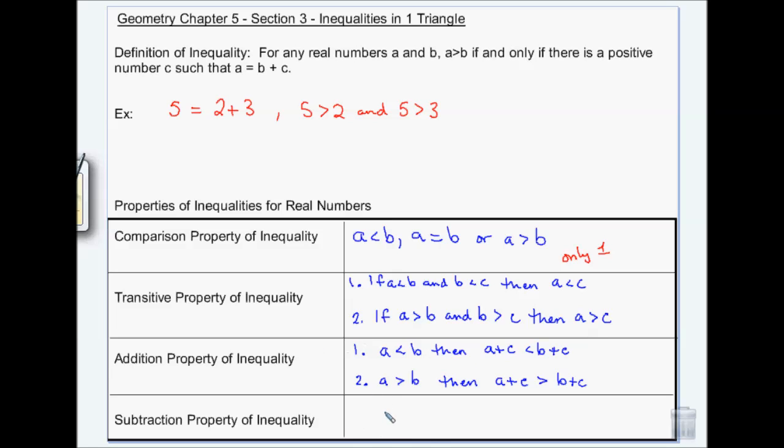And then we have the same with subtraction. If A is less than B, then if I subtract the same number from both sides, it still stays less than. Or if A is greater than B, I can subtract the same number and it stays greater than.